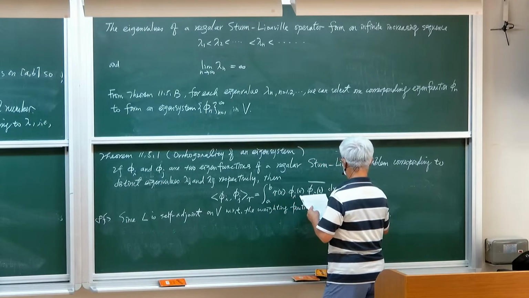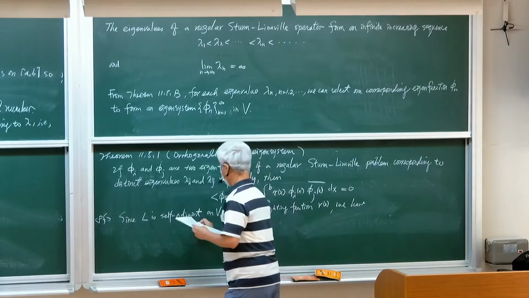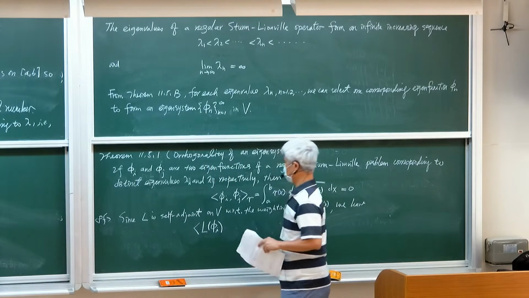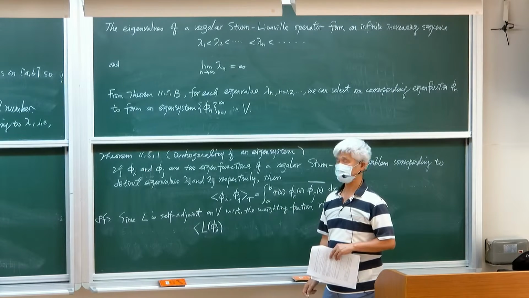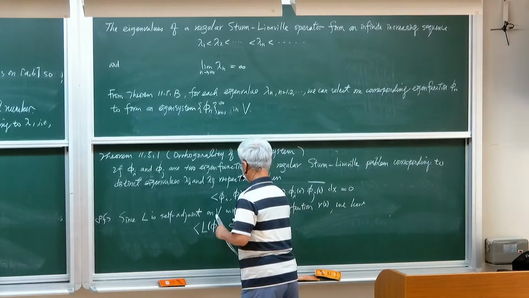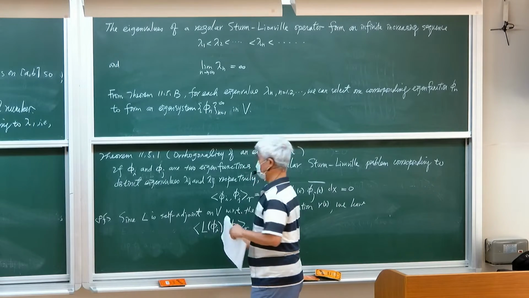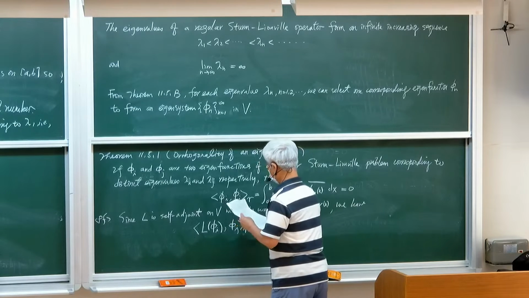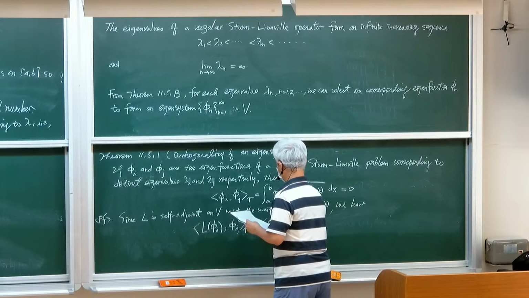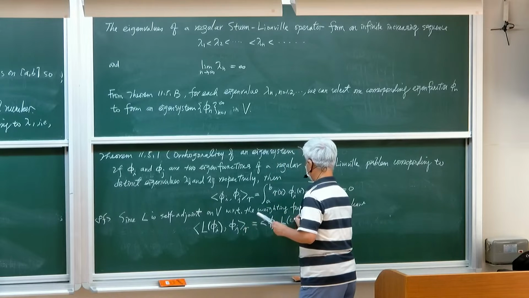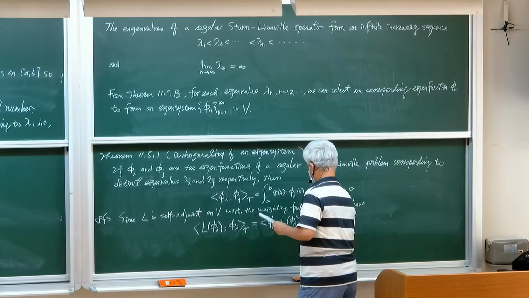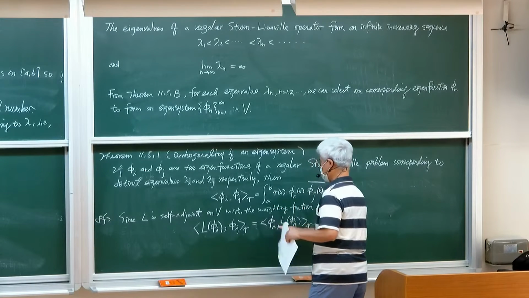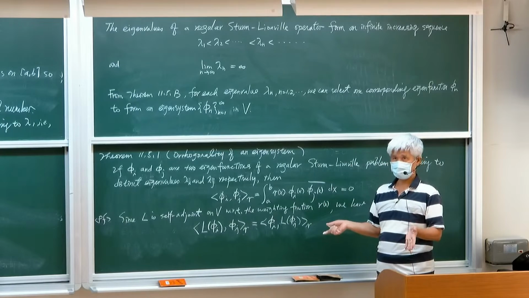So we have the following result. When we apply this regular Sturm-Liouville operator L on phi i, and then compute the inner product with phi j with respect to the weighting function r, this is equal to applying L to phi j, because L is self-adjoint.